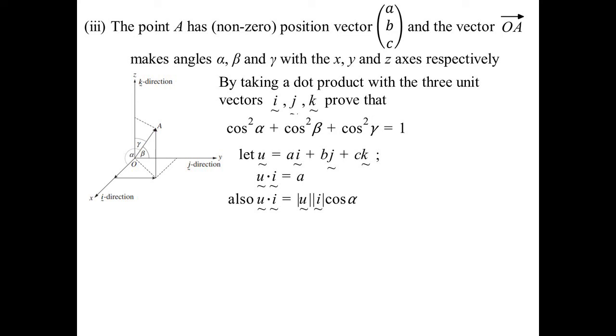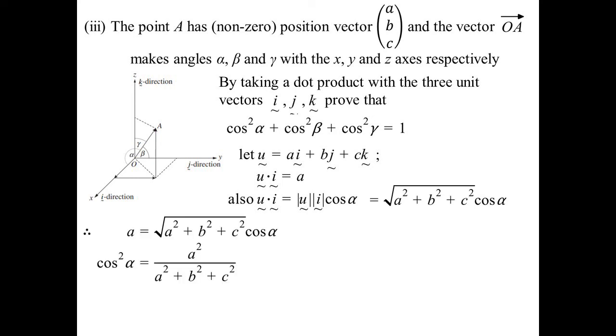So all right, u dot i, which we also know is the magnitude of u times the magnitude of i times the cosine of alpha. Well, the magnitude of u would be the square root of a squared plus b squared plus c squared, times cosine of alpha. Therefore, if I play around with that, I can show that cos squared alpha is a squared on a squared plus b squared plus c squared. But that's when I just look at the x-axis.